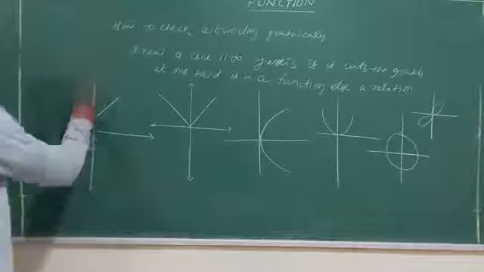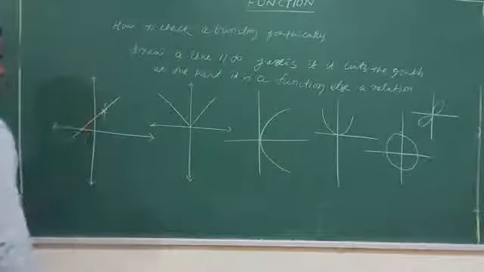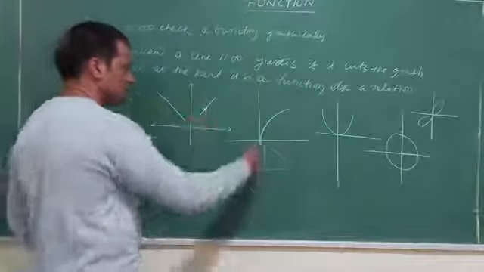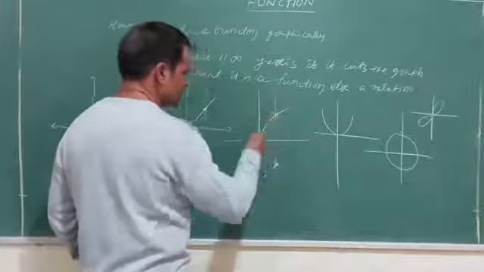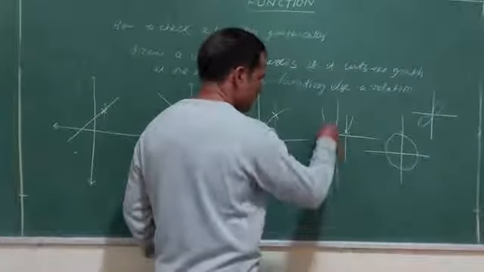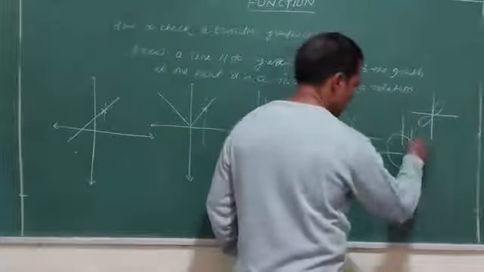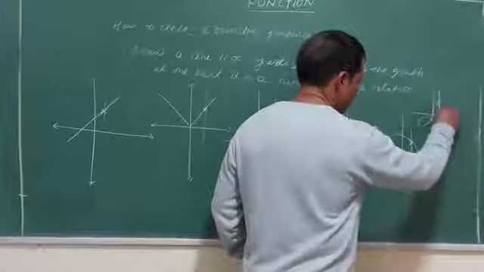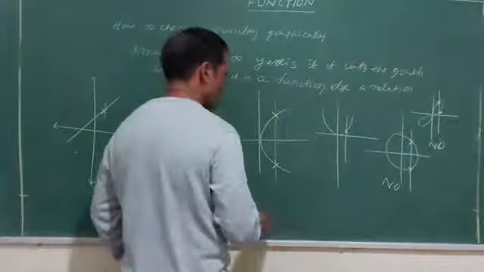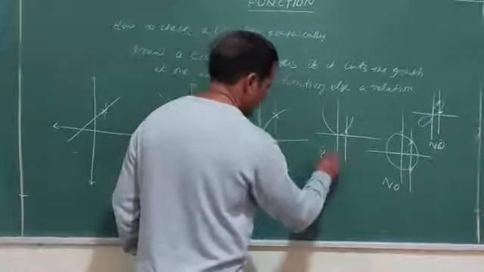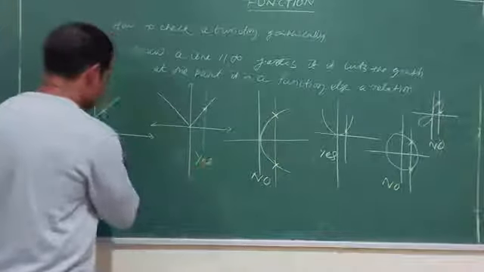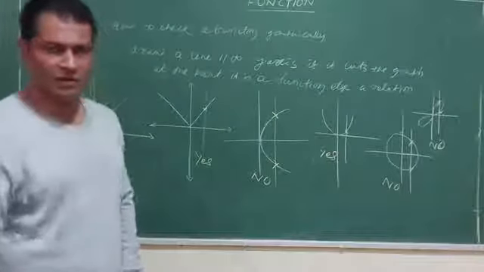If I draw it here, maximum one place. Here also, one. If I draw here, how many places is it cutting? Two places. Here, one place. Here also, one place. Here, two places. Here also, two places. Not a function. No. This is not a function. This is a function. Yes. This is not a function. This is yes. This is yes.